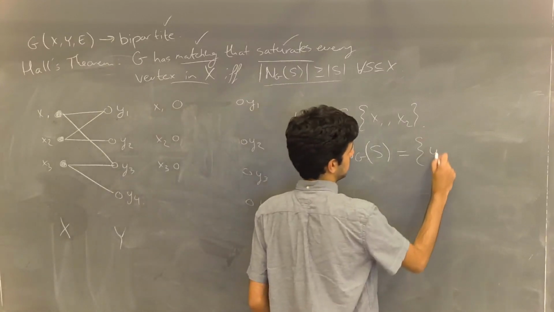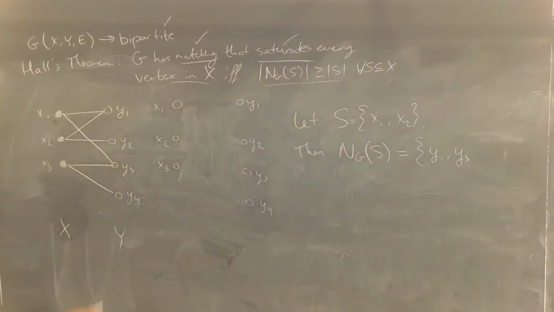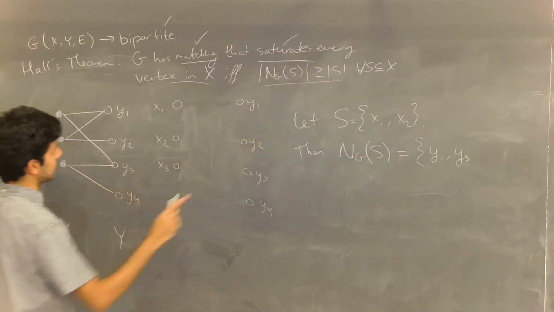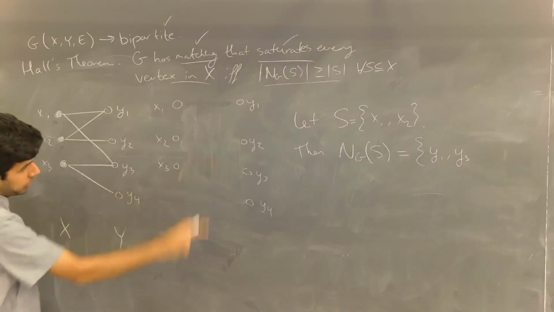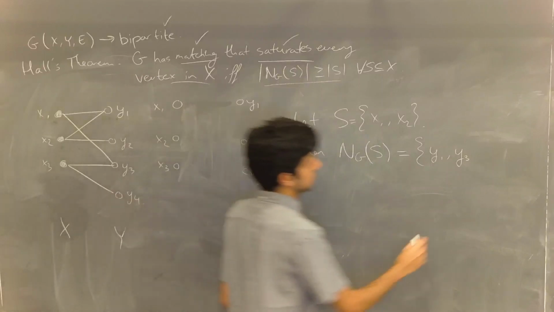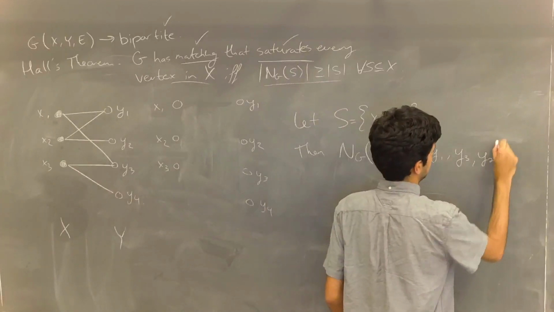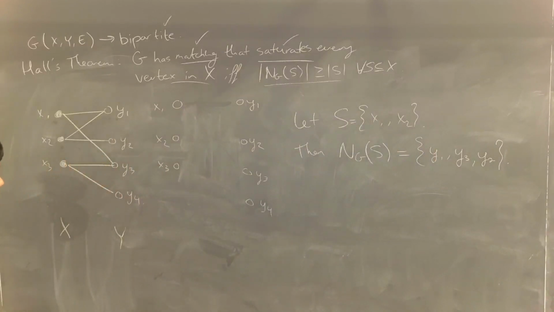So we'll include y1 and y3. Next, we'll look at the other element in S, x2. What are its neighbors? y1, well, we've already included that, and y2, which is not yet included. So that would be the neighbor set for {x1, x2}.